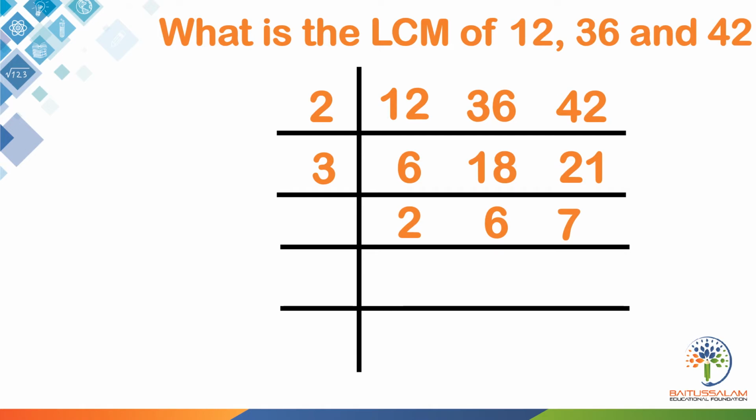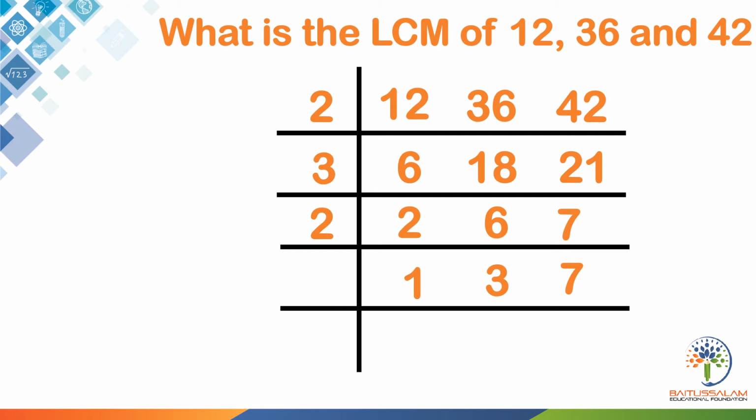Finally, in this step we cannot further divide as there is no prime number that divides all 3 numbers: 2, 6 and 7. The difference here in LCM is that we continue to divide the numbers even if all numbers are not divisible by the particular number. So here from 2, 6 and 7, 2 and 6 can be divided by 2. So they are divided by 2 and 7 is left as it is.